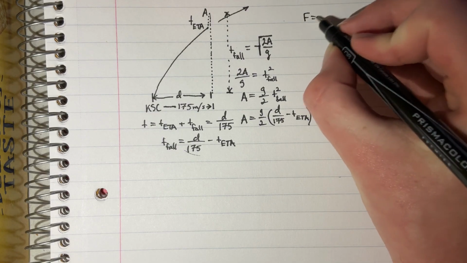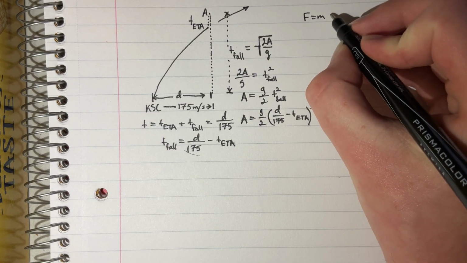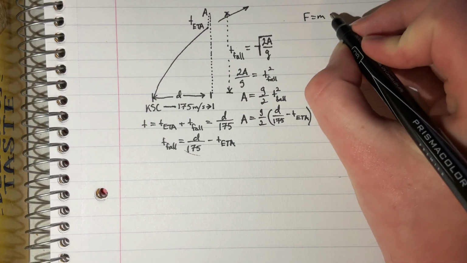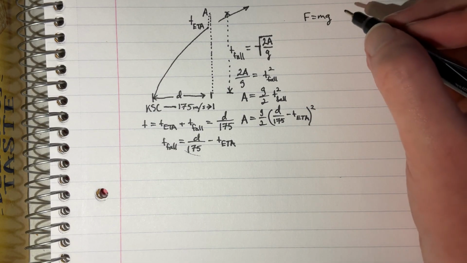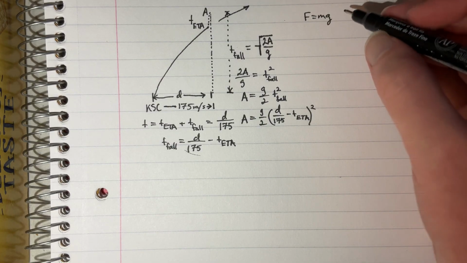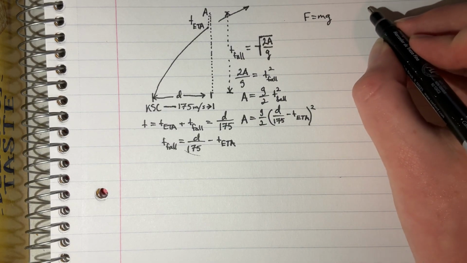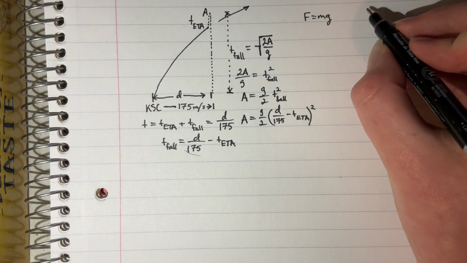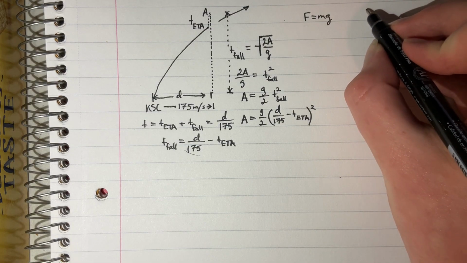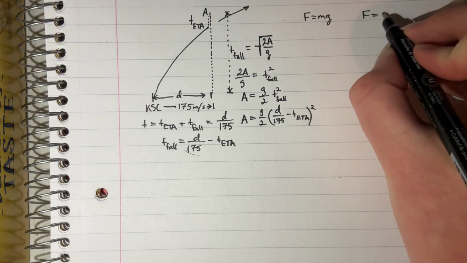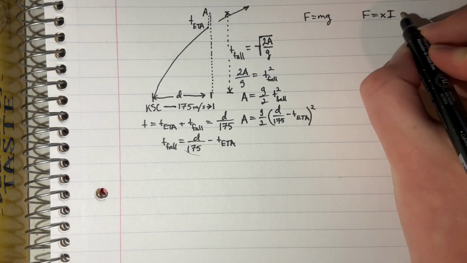force equals mass times acceleration, or in this case, fighting against gravity. So that'd just be g, 9.81 meters per second squared. And another way of expressing the force we need in kOS is some multiplier times the thrust of the engines.